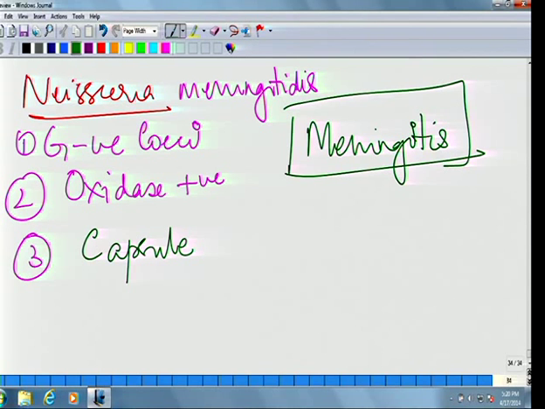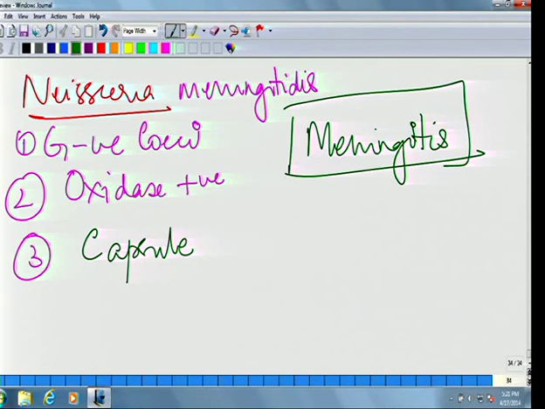Exactly because of the epidemiology. This is a bacterial infection you can acquire from person to person. So typically they will always give a case of an adolescent or a college student who is living in a dormitory.